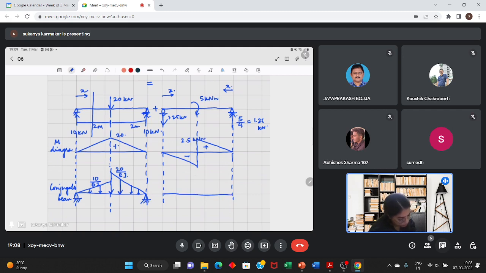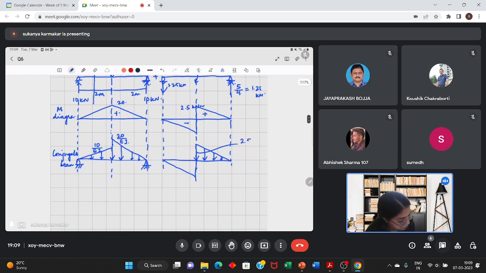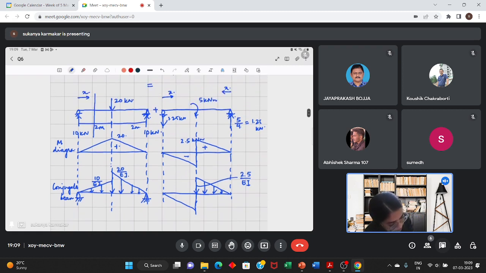Now this will be the load in the conjugate beam. Moment is positive, so load will act in the vertically downward direction. So this is 2.5 divided by EI. From B to C, let me write A, B, C here.